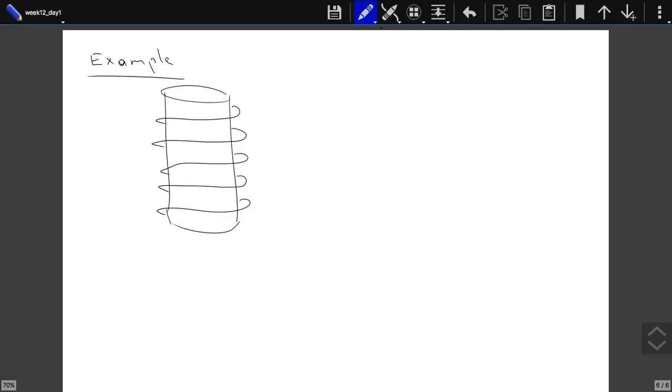And around it we put another ring. There's a current I running through it.